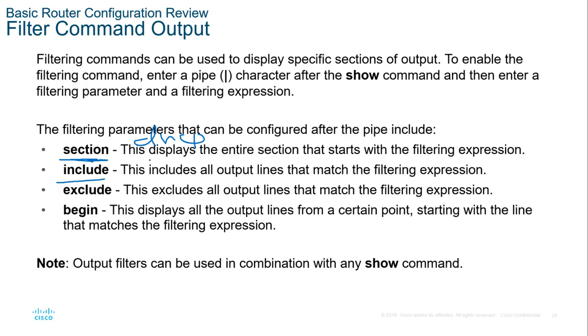If you put include DHCP, it shows all the lines with DHCP. If you say exclude DHCP, information with DHCP won't be shown. Then begin: once you say begin, it will output everything, but beginning with whatever you've stated.